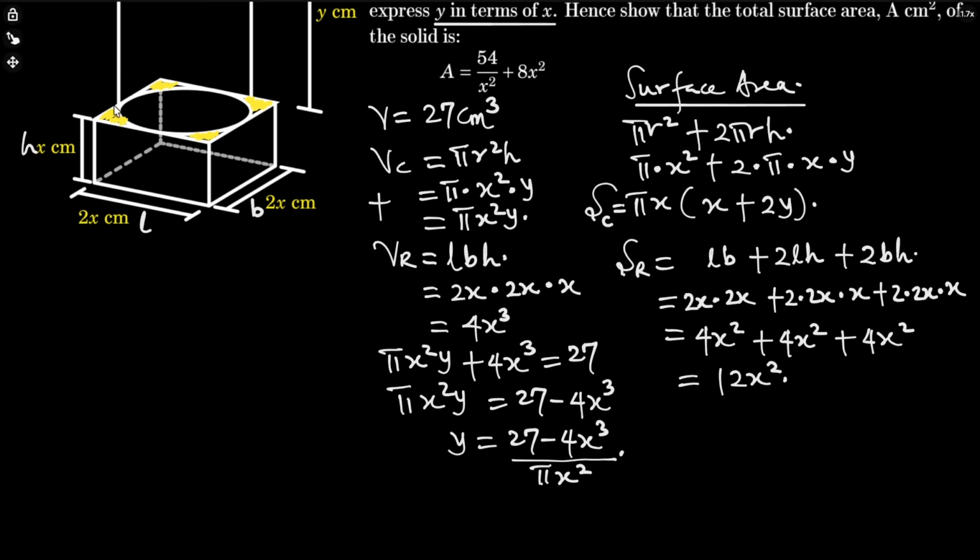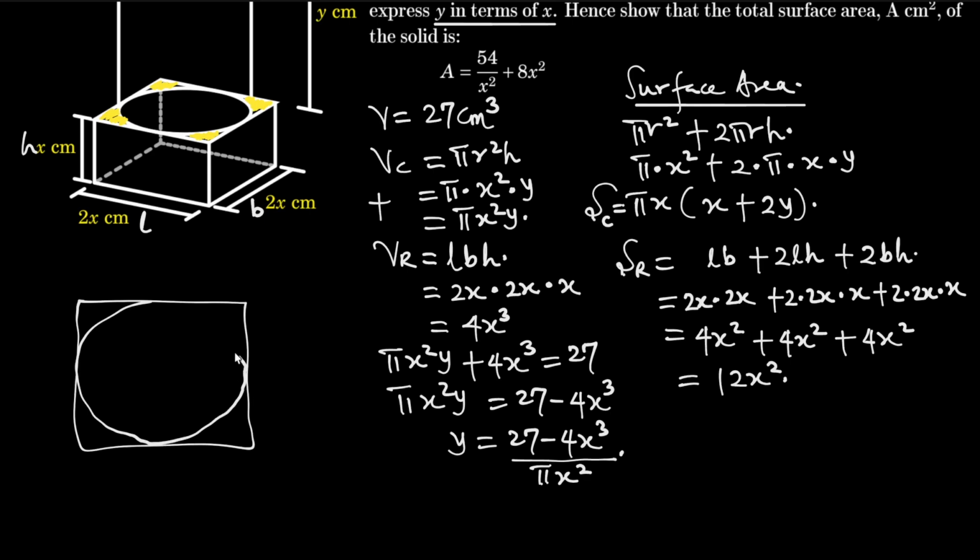Clearly, what we have at the top is a square. So we have a square, and then we now have a circle somewhat like this. So to find the area of this shaded portion, we calculate the area of the square, we calculate the area of the circle, and then we subtract that of the circle from the square.